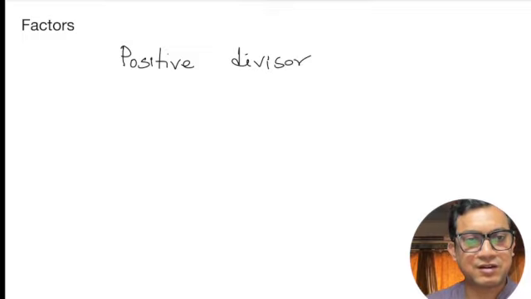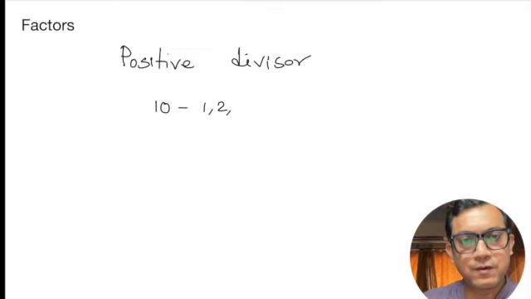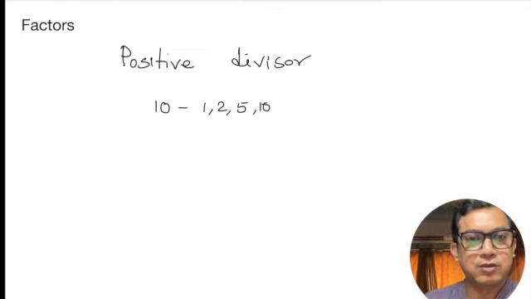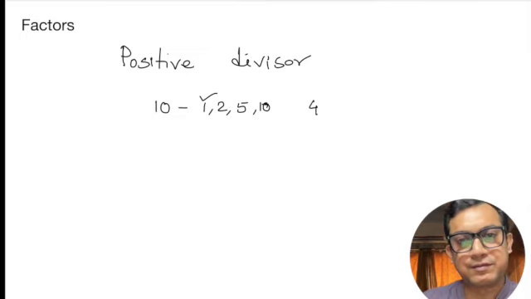If I say what are the factors of 10, we say the factors of 10 are 1, 2, 5, and 10, the numbers that divide. So you only take the positive divisors. You know that 1 is a factor of each number. So here 10 has 4 factors.